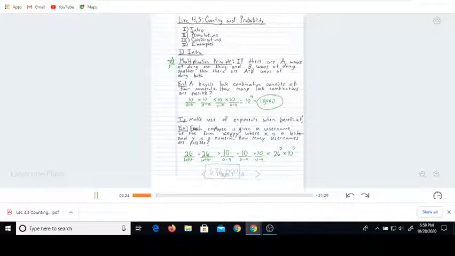So we're going to go ahead and compute that real quick. 26 squared times 10 cubed is 676,000. So if the employer wants to go with this username system, they know that there are 676,000 different usernames that are possible.